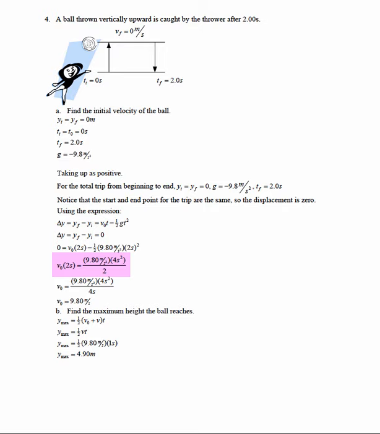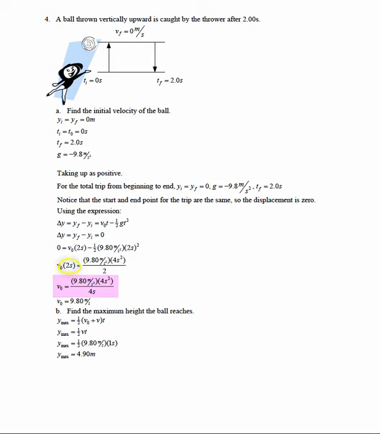Since we have a 0 on the left-hand side of the relationship, we can start moving things around. The negative sign will work itself out so that everything becomes positive. So the initial velocity times 2 seconds for the total flight is equal to 1/2 of the gravity, 9.8 meters per second squared, times, when we square this, 4 seconds squared.